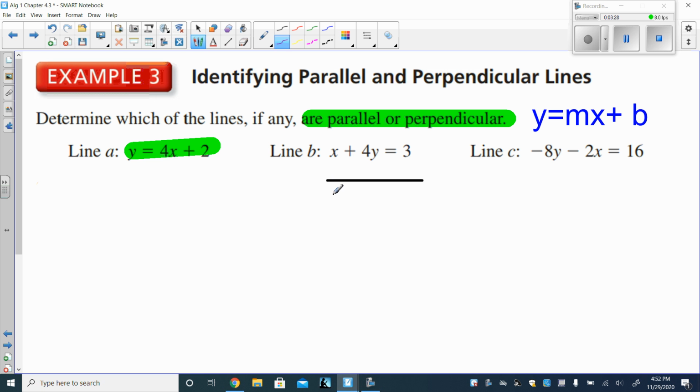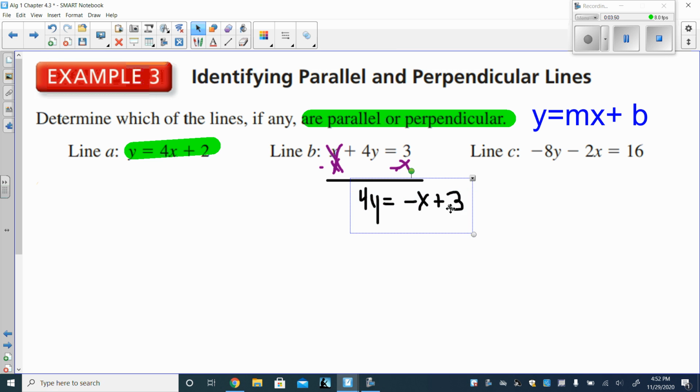The first thing I'm going to do to get y by itself is to move the x over to the other side. To do that, I'm going to subtract x from both sides, because x minus x will cancel, leaving me with 4y is equal to -x plus 3. Now at this point we do have y on only one side, but we have 4 of them.